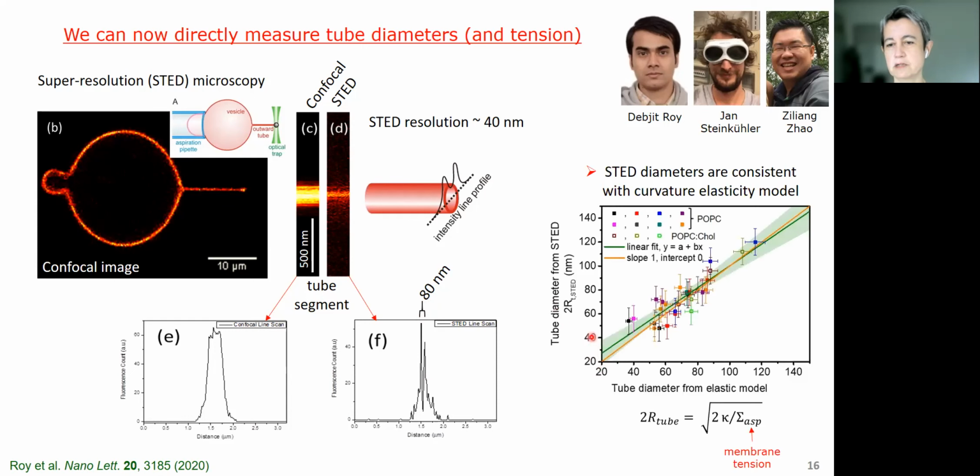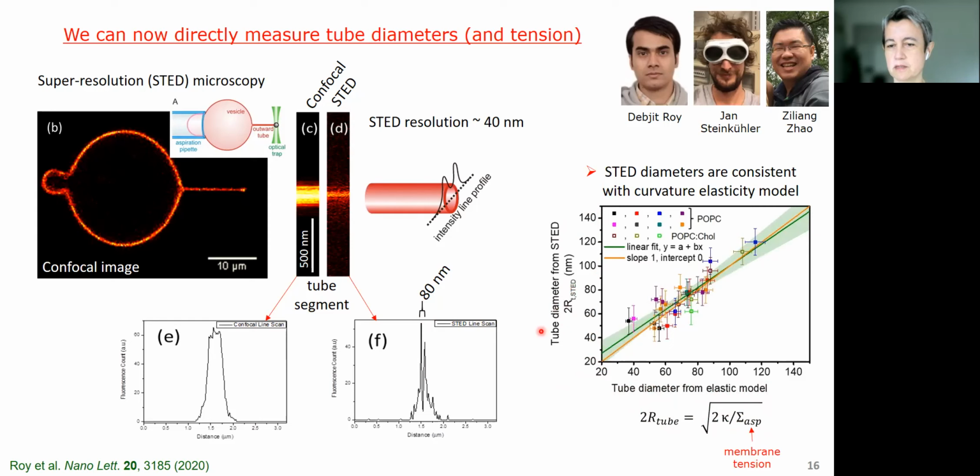Now, if you plot this tube diameter measured with STED versus the one theoretically predicted using a curvature elasticity model, which says that the tube diameter is proportional to the square root of the bending rigidity scaled by the mechanical tension, you see that all the data lies on a line with slope 1 and intercept 0.